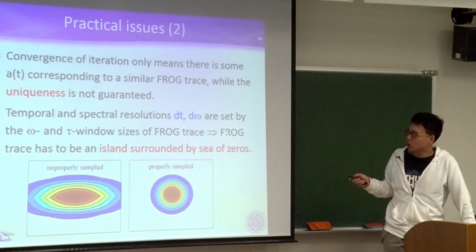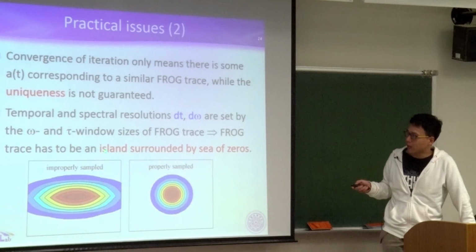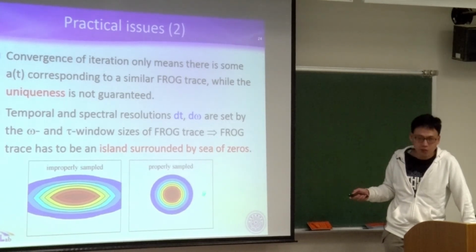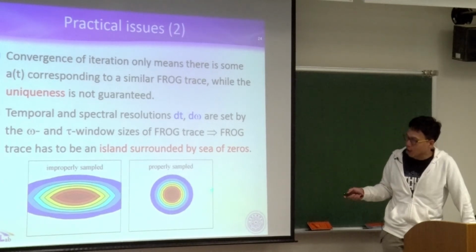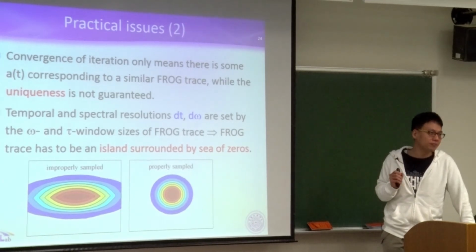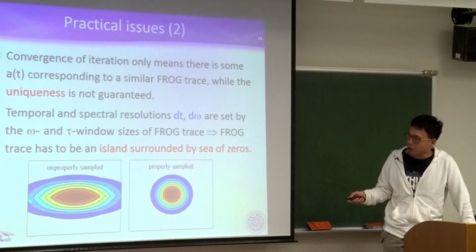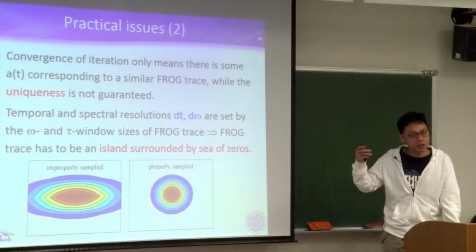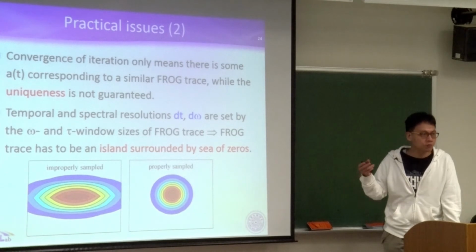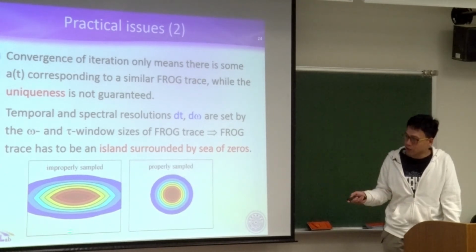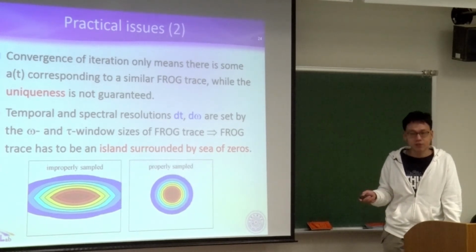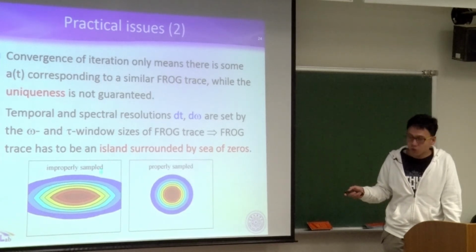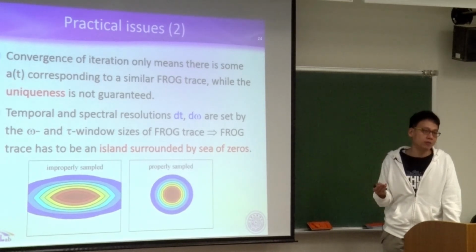So the FROG trace has to be an island surrounded by a sea of zeros, like this one, the right one. This is a good FROG trace. The white color means data 0. This is an improperly sampled FROG trace because you can see in one axis it's cut. The signal does not decay to 0 when your scanning terminates. For example, if the horizontal axis is the delay axis, it means your delay scanning window is not big enough.